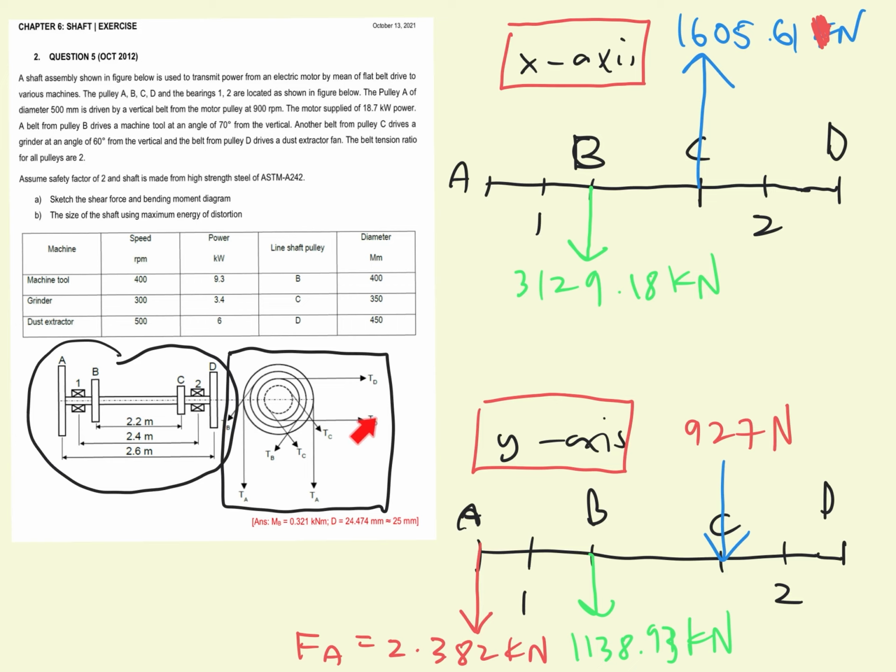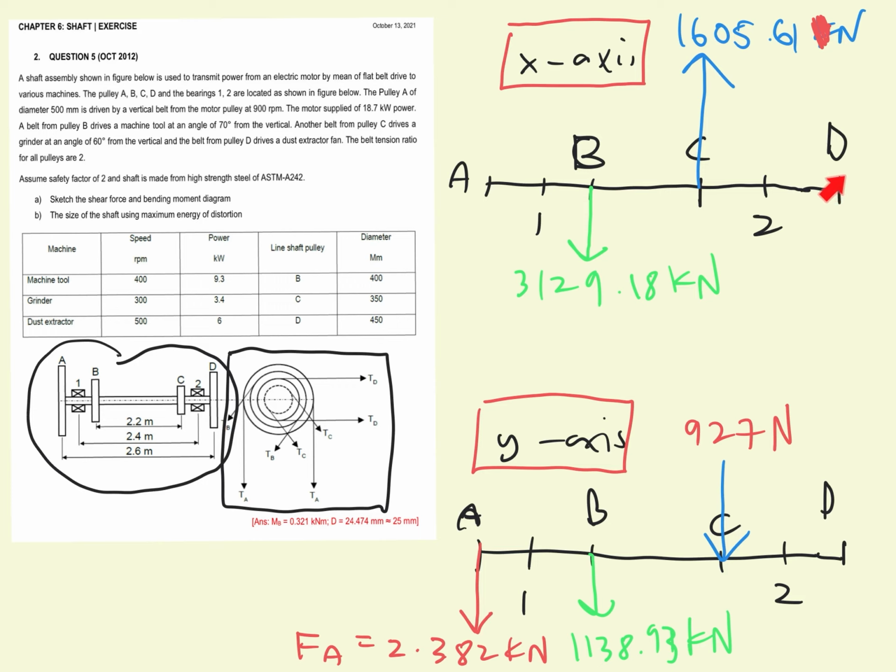This means the force acting at pulley D only has an x-axis component, and in terms of the y-axis there will be no force acting at pulley D. So for pulley D, the y-axis will be 0, but the x-axis will have a value.